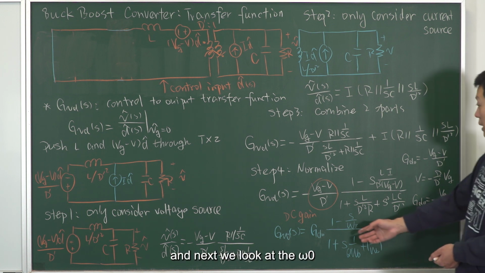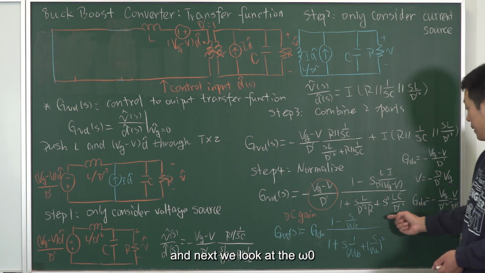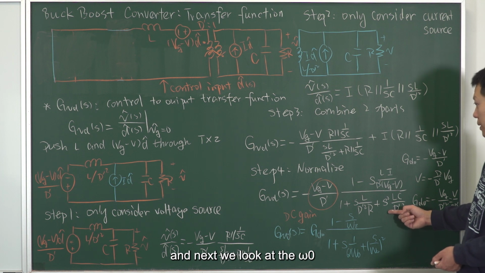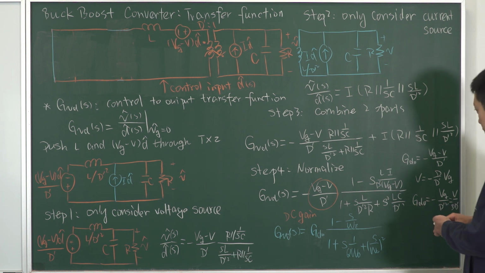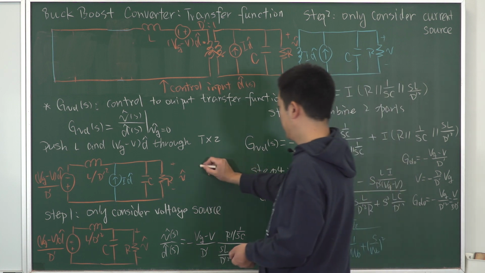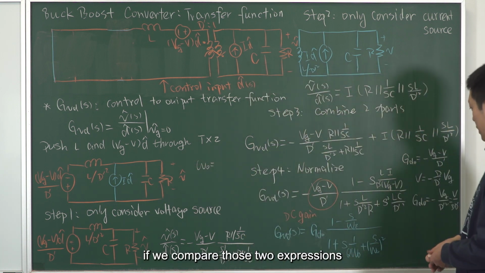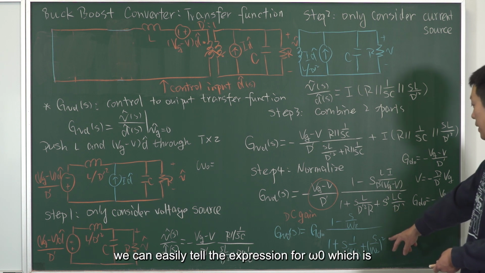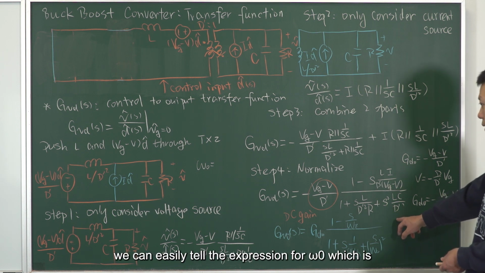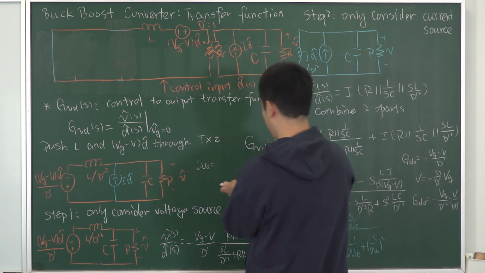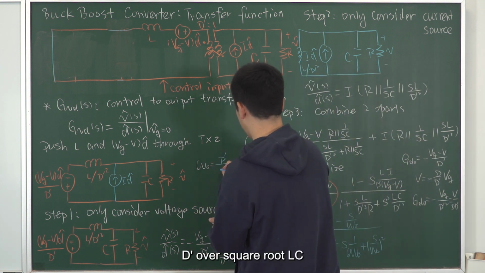And next, we look at the omega 0. Let me write here. If we compare those two expressions, we can easily tell the expression for omega 0, which is D prime over square root LC.